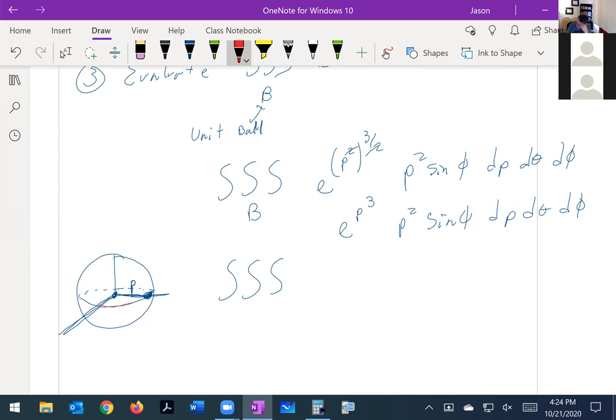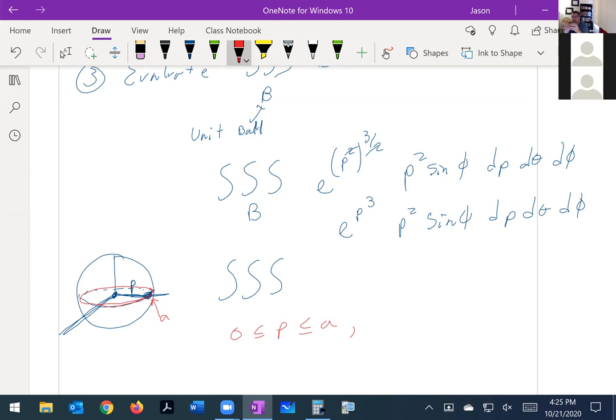However, rho goes from 0 to some value, maybe we'll call this A. So rho goes from 0 to A.